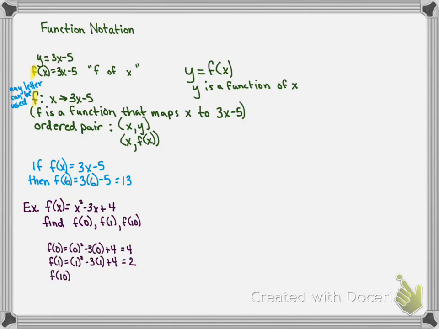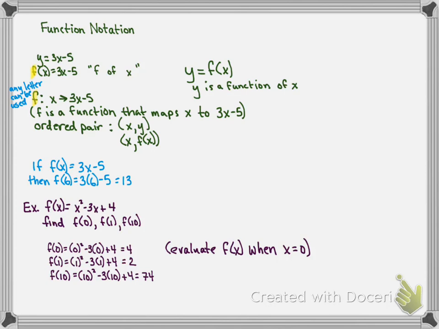Finally, f of 10 equals 10 squared minus 3 times 10 plus 4. 10 squared is 100. 3 times 10 is 30, so we've got 100 minus 30 is 70. 70 plus 4 is 74. So f of 10 is 74.